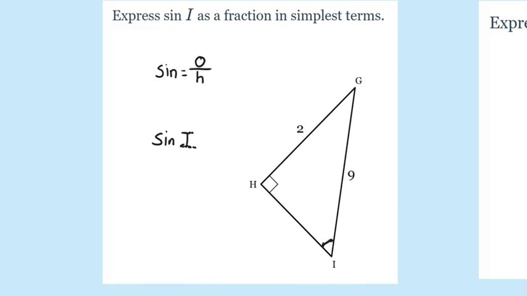What is opposite? Well, opposite is 2. What is the hypotenuse? Do we know that? Yeah, it's right across. It's going to be 9. So as a simplified fraction, sine I, which for some reason has those dots, is 2/9.